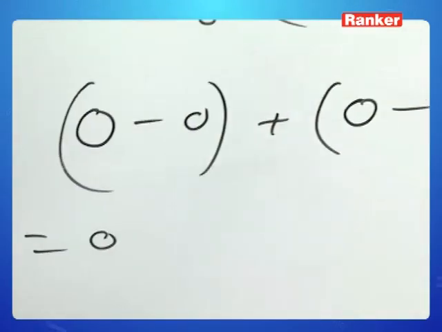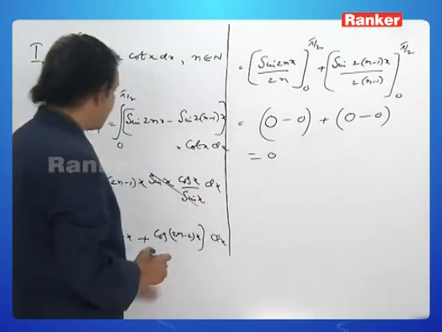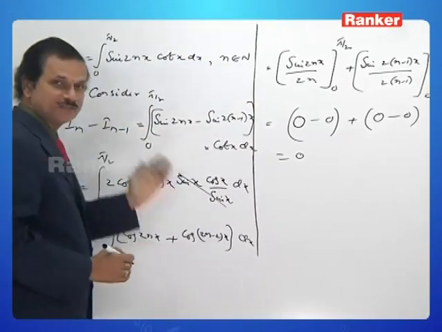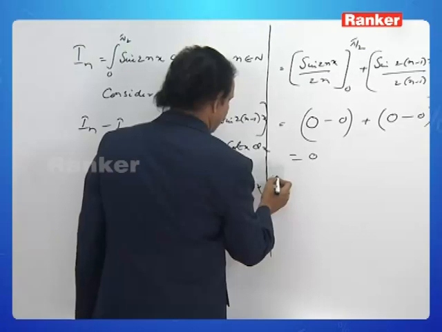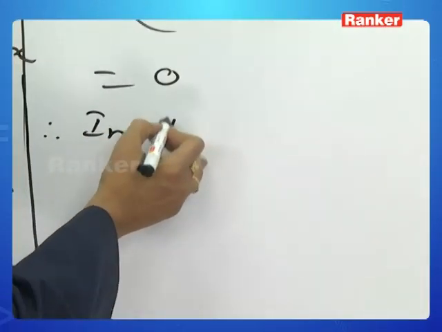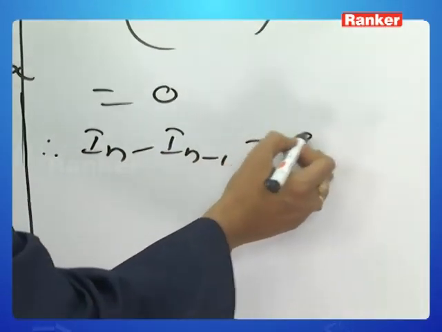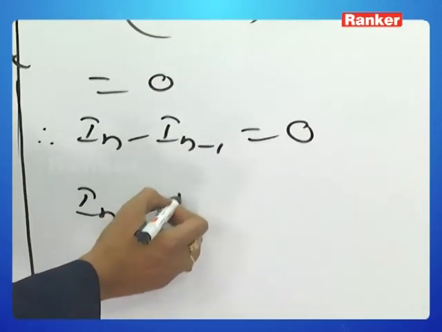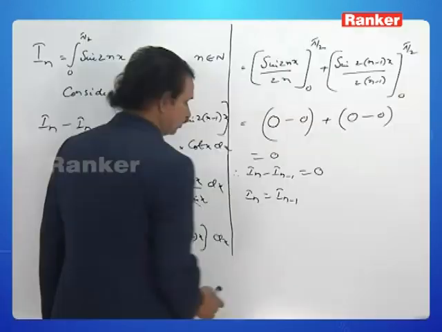Altogether this is 0. You see, is it I_n or anything? I_n minus of I_n minus 1. Therefore, I_n minus I_n minus 1 is 0. Therefore, I_n is equal to I_n minus 1.